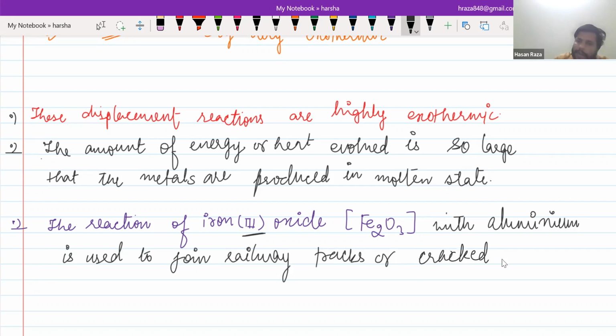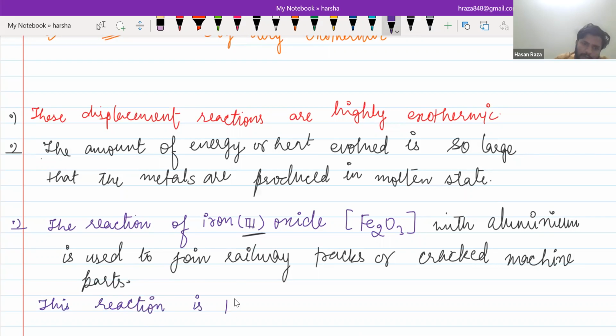If a machine part is cracked, this reaction is used because it evolves a lot of heat energy which will melt the metal and help in joining those metal parts. And this reaction is known as thermite reaction, which is very important. It has been asked, what is thermite reaction, or write the thermite reaction directly, for 1 mark.